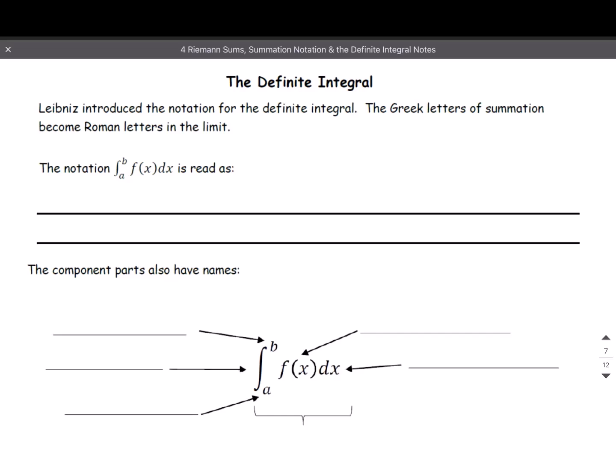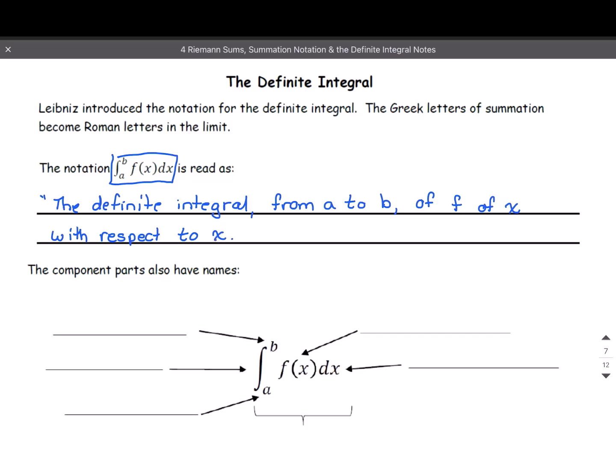The notation here is read as the definite integral from a to b of f of x with respect to x. So the integral is that swirly figure from a to b of f of x, and the dx is telling you with respect to x. That dx is the change in x. That's our old delta x, okay?